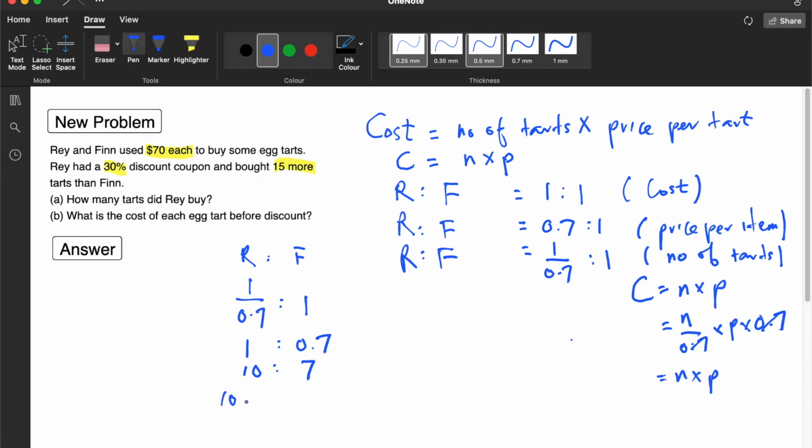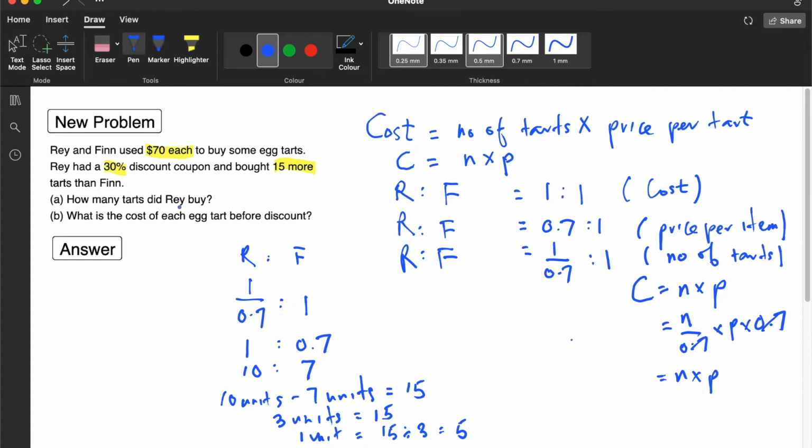So 10 units minus 7 units is equal to 15 tarts. So 3 units is equal to 15, which means 1 unit is equal to 15 divided by 3, which is equal to 5.